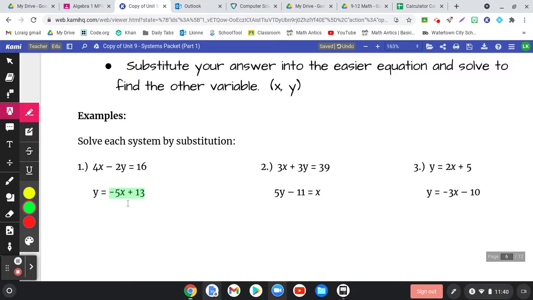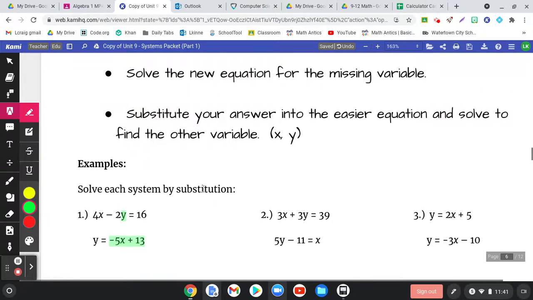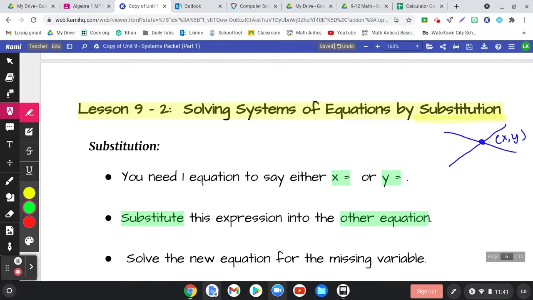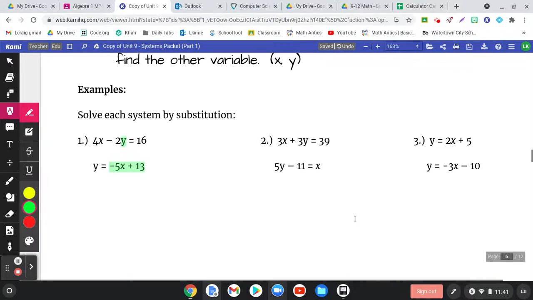Like if I told you y was 5, wherever I saw a y, I'd plug in 5. Well, I'm telling you y is equal to this. So wherever I see a y in the other equation, we're going to substitute it in. So again, you need one equation to say either x equals or y equals, and then you're going to substitute that expression into the other equation.